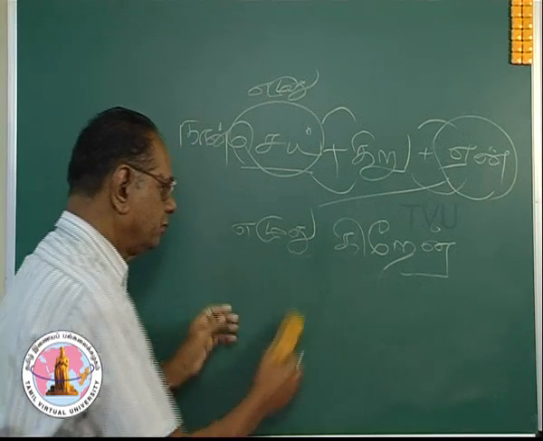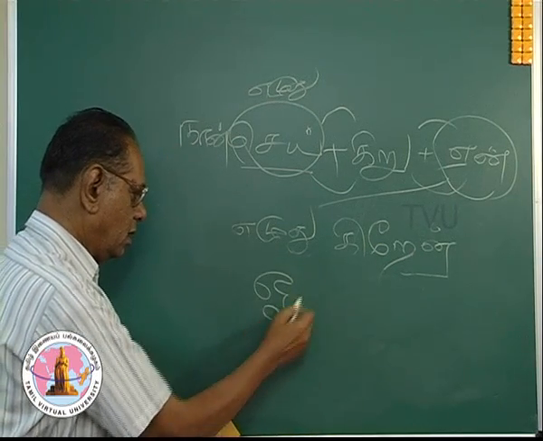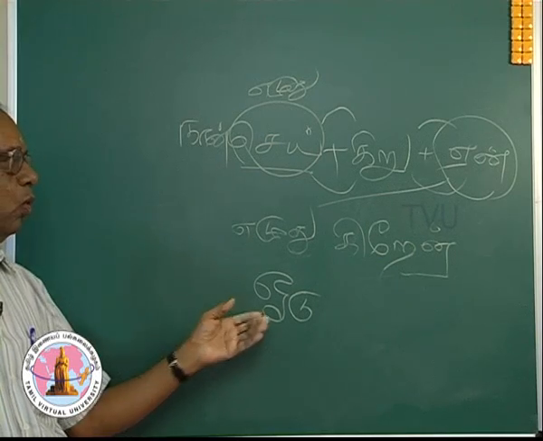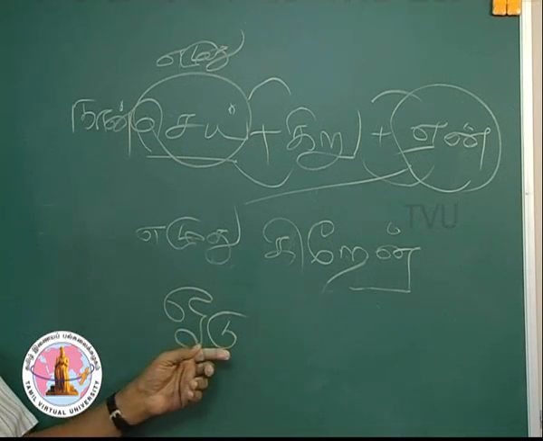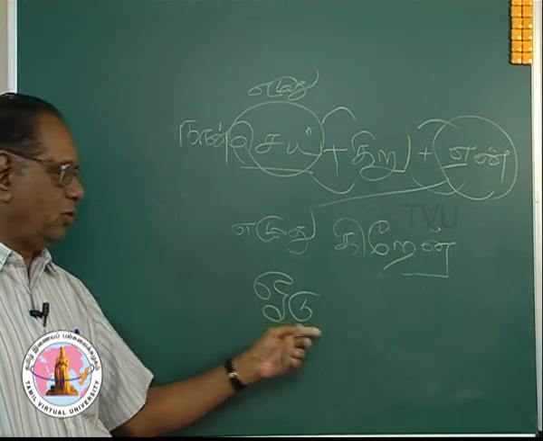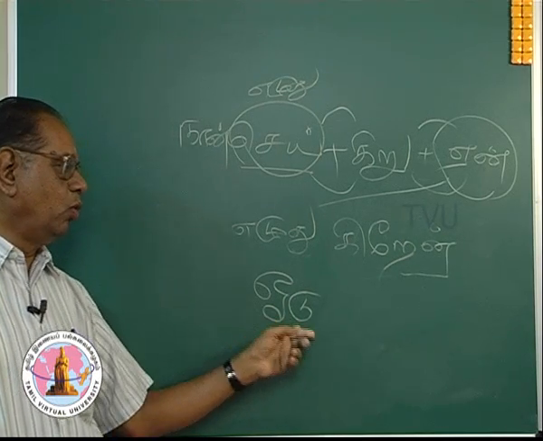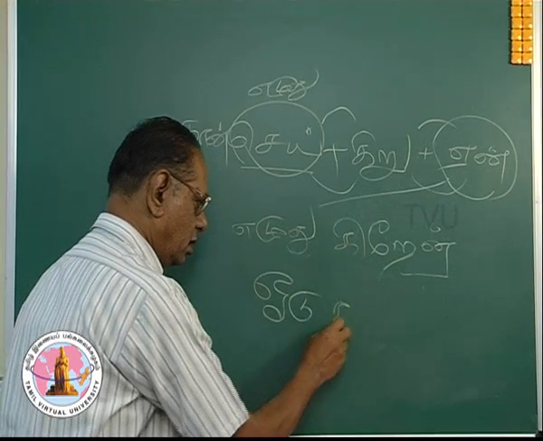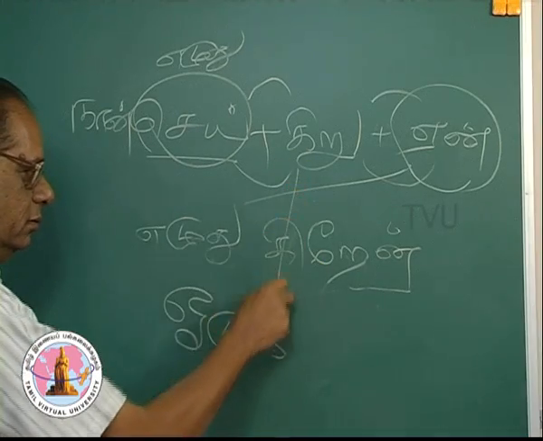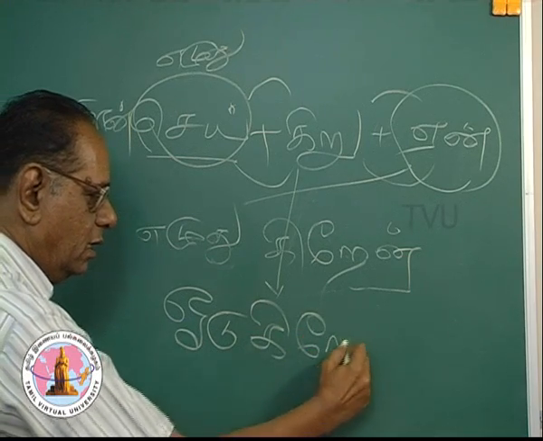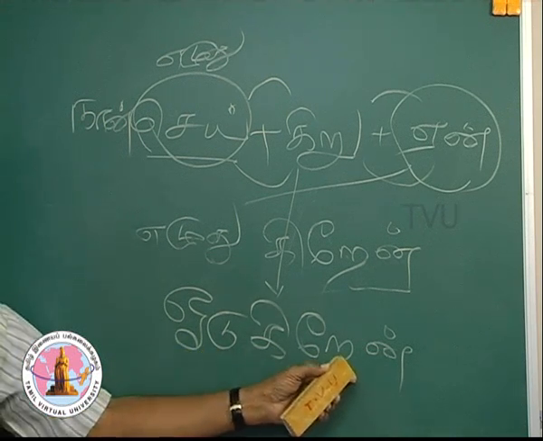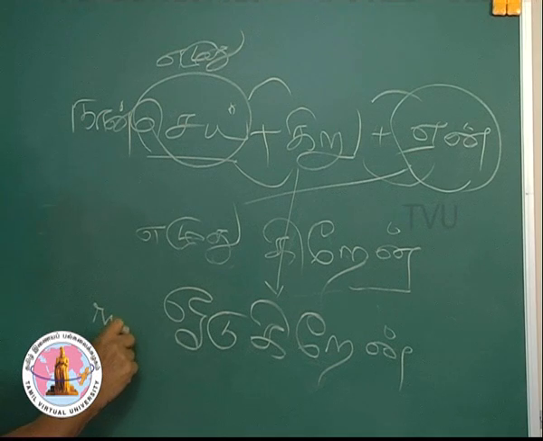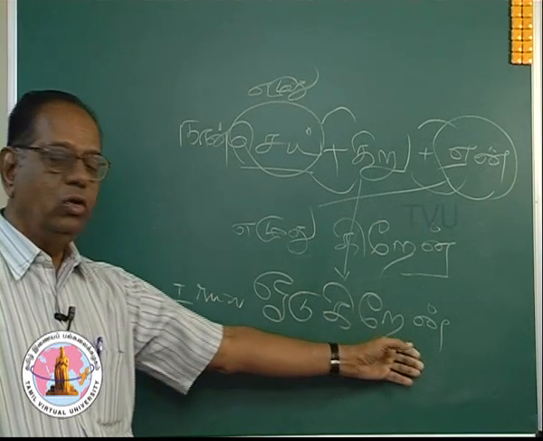One more verb. ஓடு. Odu, for the pronunciation, ட is preceded by another letter, so naturally this becomes 'da'. ஓடு, கிறு and ஏன், ஓடுகிறேன். ஓடுகிறேன், I run. நான் ஓடுகிறேன்.